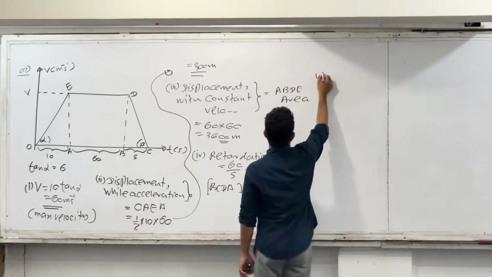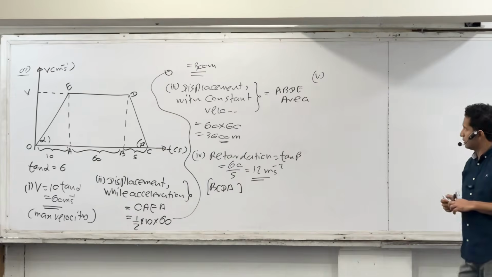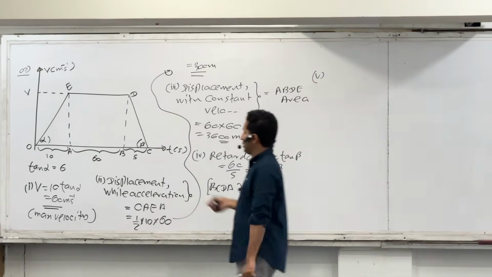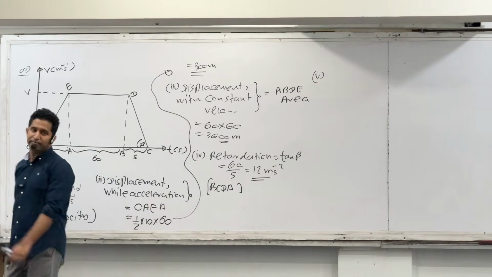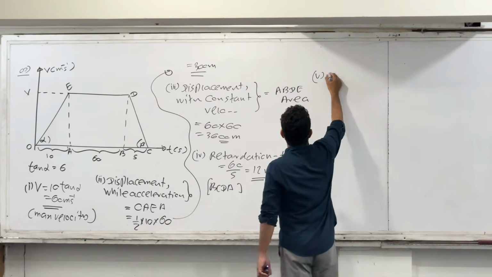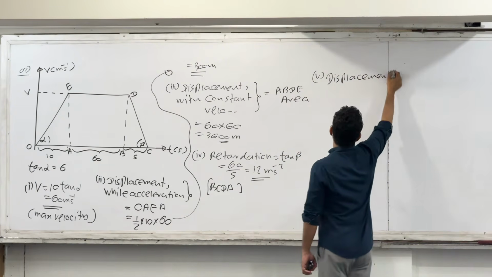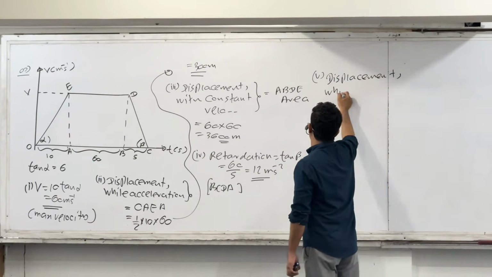The fifth one, displacement while retardating, is the BCD area.